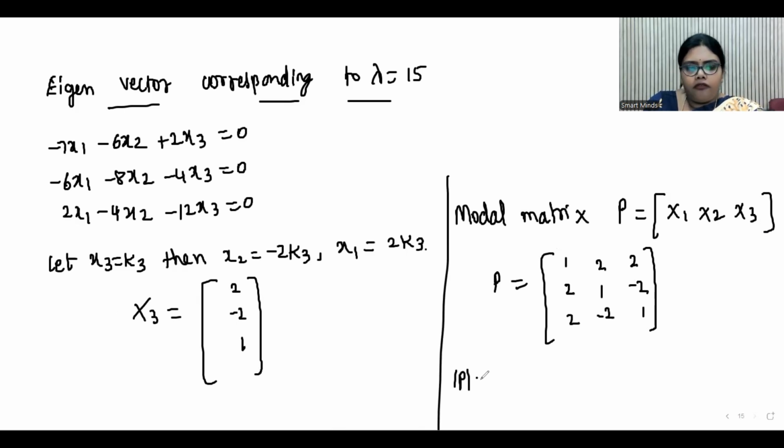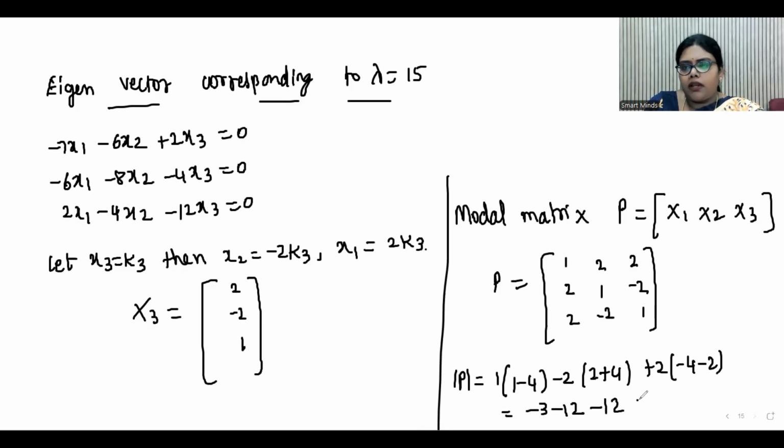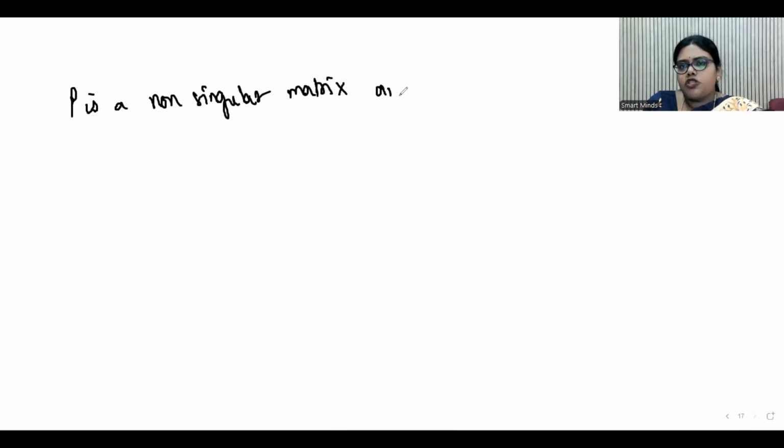So determinant of P is 1 into 1 minus 4, minus 2 into 2 plus 4, plus 2 into minus 4 minus 2. That is minus 3 minus 12 minus 12, which is equal to minus 27, which is not equal to 0. Since it is not equal to 0, you can say P is a non-singular matrix, and so P inverse exists.